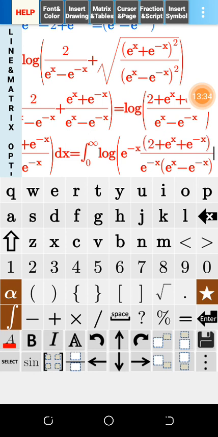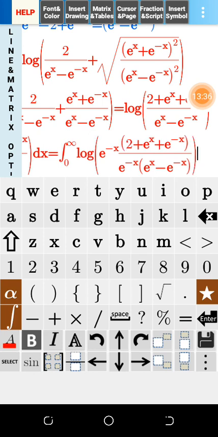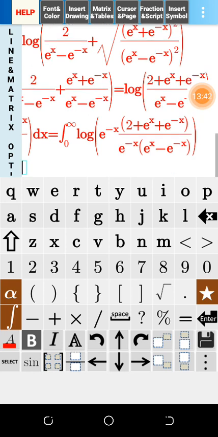So close your bracket. If you say that e^x, they can cancel each other, so that's why I multiply both the numerator and the denominator by e^(-x).